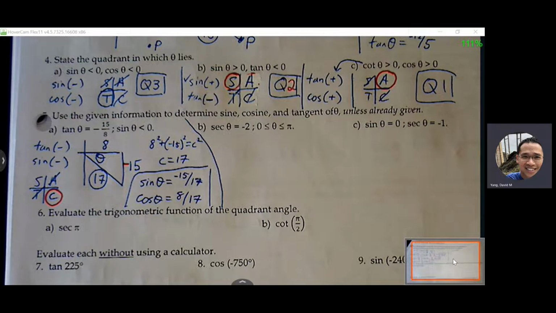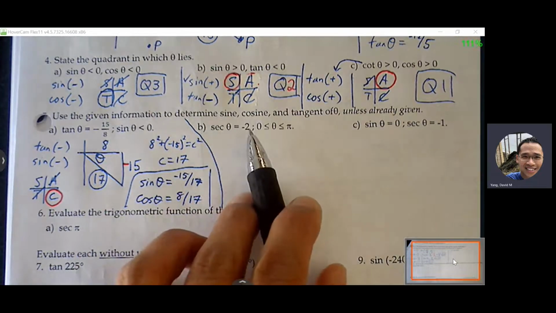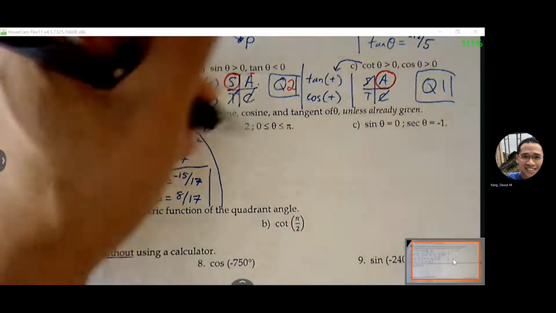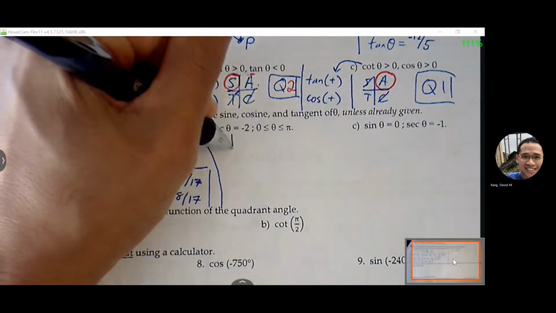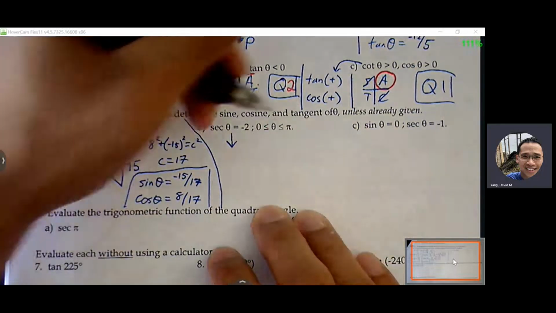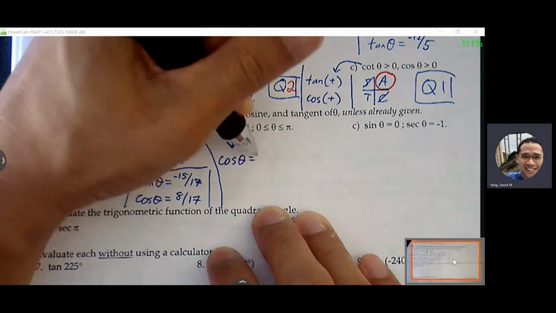Okay, part B, secant of theta equals -2. This is a strategy that we can use: maybe this is a unit circle value, but maybe we can create the reciprocal version, right? Because if secant is -2, what's related to secant? Cosine must be what? -1/2.